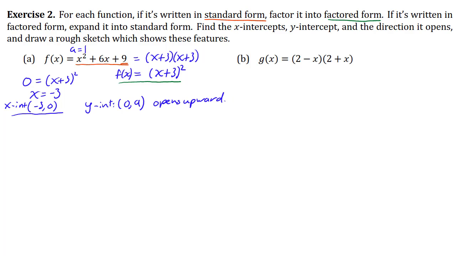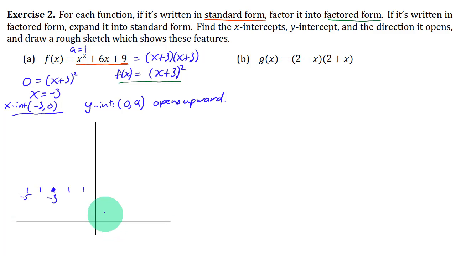All right, so let's see. We can draw a sketch with this stuff on it. We got to have x equals negative 3. Right about here is the x-intercept. The y-intercept is 9.